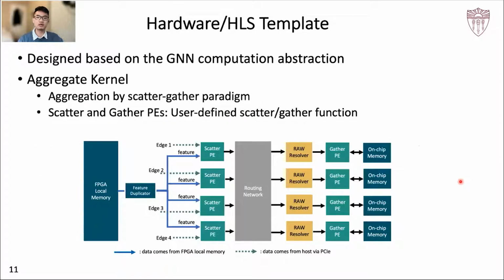This hardware template is based on a GNN computation abstraction instead of a specific model. So for example, what we're looking at here is the aggregate kernel template. Our template is a general architecture that describes how different hardware components are connected and how the data flows, instead of a specific model.